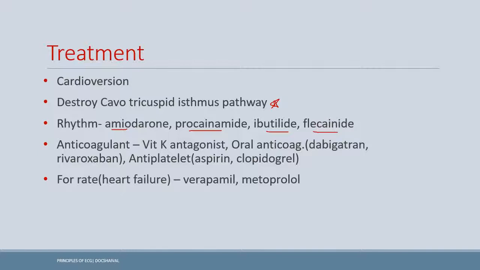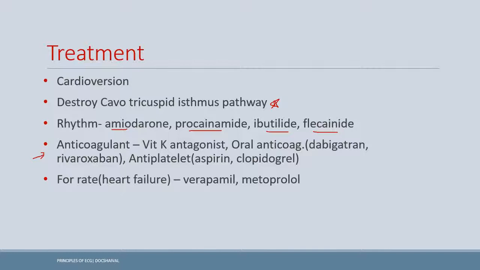and flecainide. Then we have also anticoagulants, and why we use anticoagulants, the same principle as in case of the atrial fibrillation, is that because the atria are contracting at a very fast rate, the efficient contraction finishes.